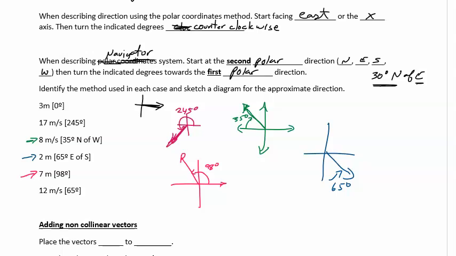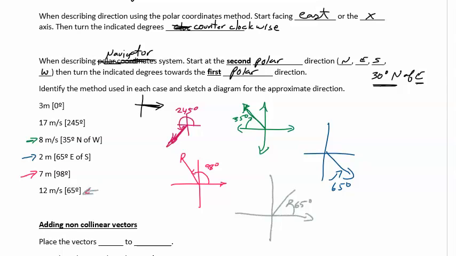And our last one, we'll do gray for this one. Our last one is just 65 degrees. Again, 65 degrees starting at east, turning counterclockwise. Now, that's the way that we are describing these different vectors.